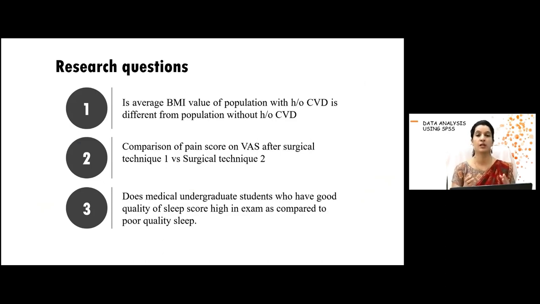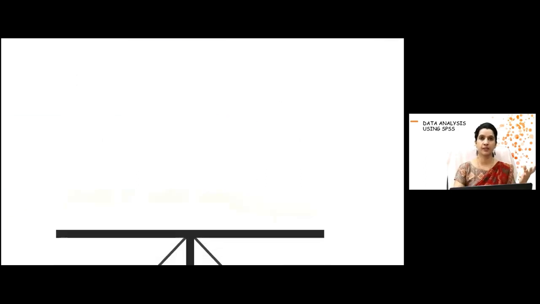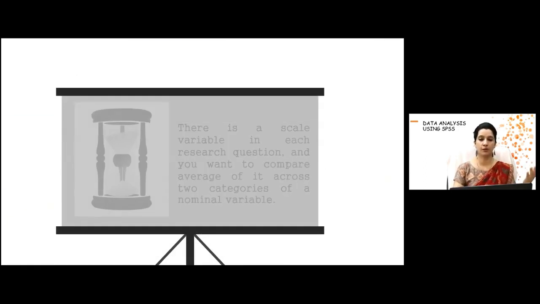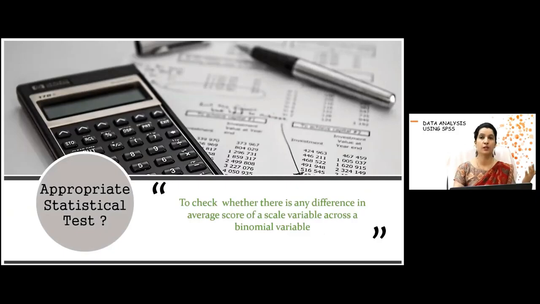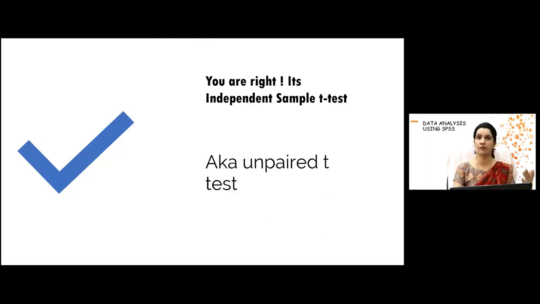So the dependent variable here is on the continuous scale, and the independent variable is a categorical variable with two categories. In the independent sample t-test, we measure the continuous variable across two categories, and the appropriate statistical test would be to see any difference in the average score of a scale variable across a binomial variable.